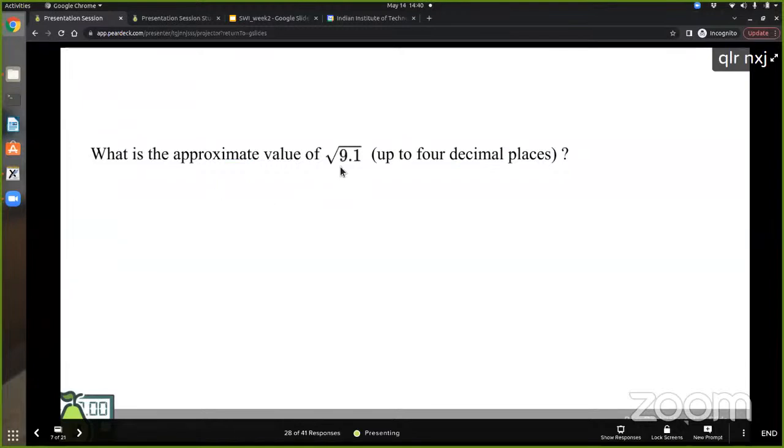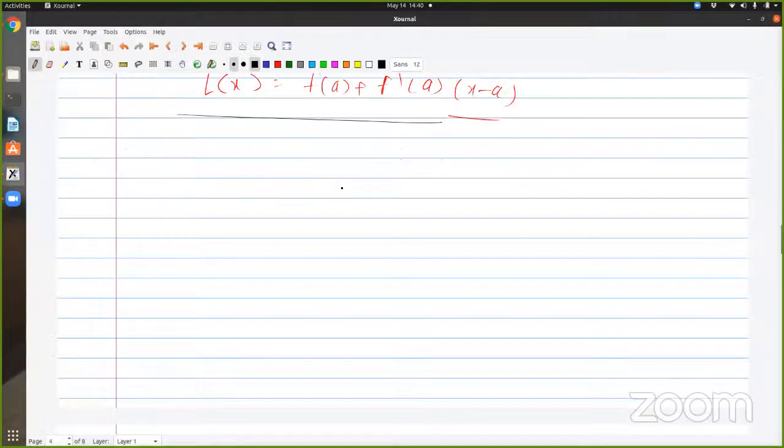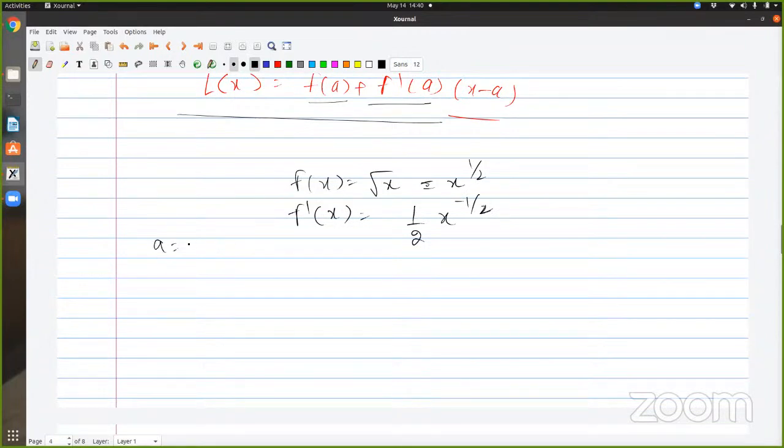All right, getting back here, you should know what function should be taken. So here, square root of x we would be taking as the function, and linear approximation requires f(a) and f'(a). You need the first order derivative. That will be 1/2 x to the power minus 1/2. And a we will be taking as 9 because we know the square root of 9.